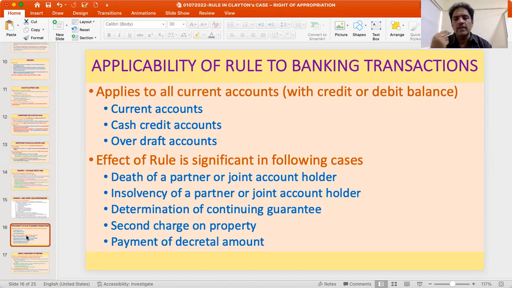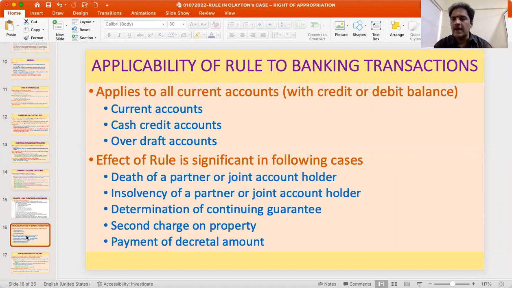One is in case of death of a partner or a joint account holder and the continuance of the account. Second is civil debt, which is insolvency of a partner or a joint account holder. Then what is the position in case of a determination of a continuing guarantee, where there is a series of transactions for which the guarantee is continuing? What will be the impact of this rule on that continuing guarantee?